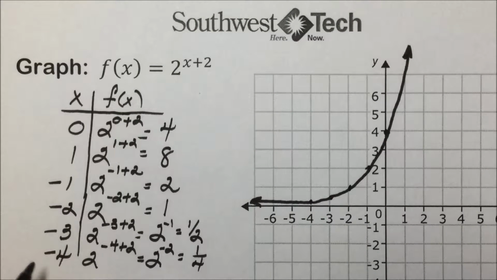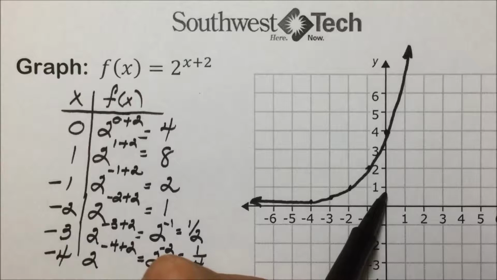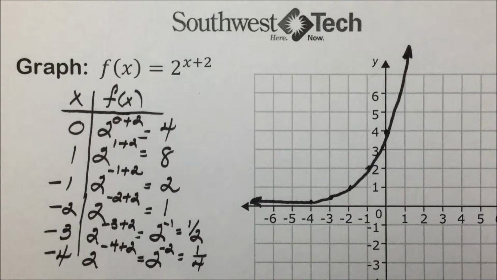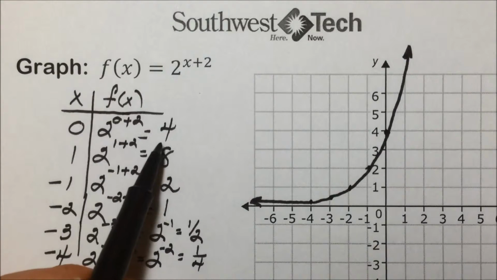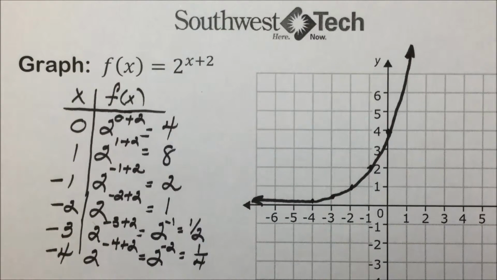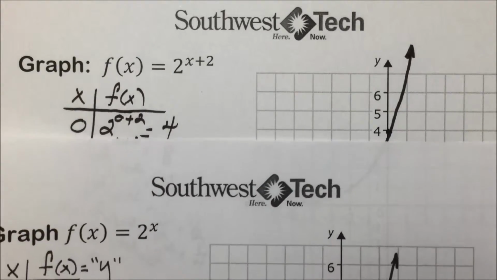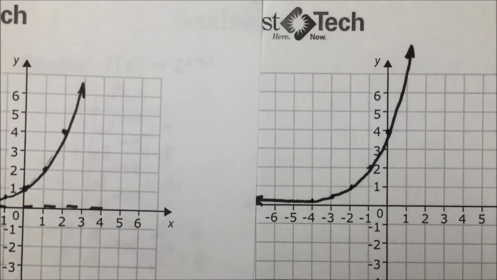Nothing is stopping it. Our domain is all real numbers. We do not have our y-intercept at x equal 1. Rather, it ended up moving up a couple values here. We have it at the point 0, 4. So if we compare this, we can see we ended up with a translation vertically.